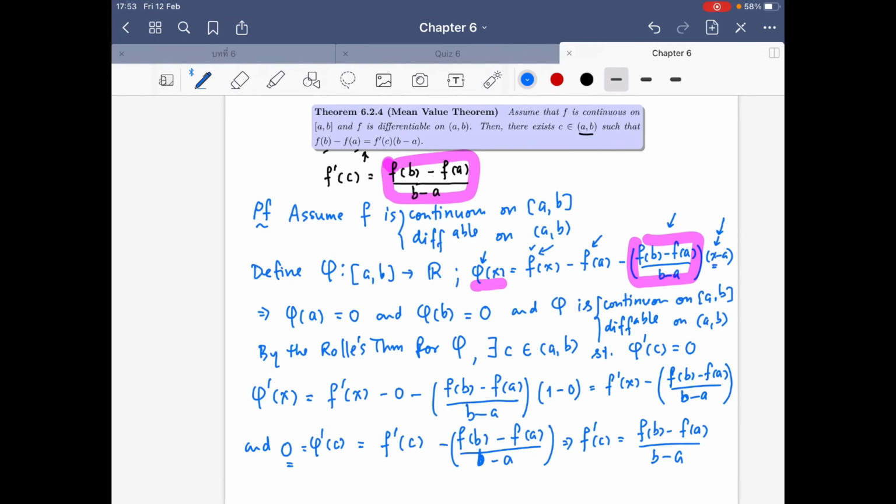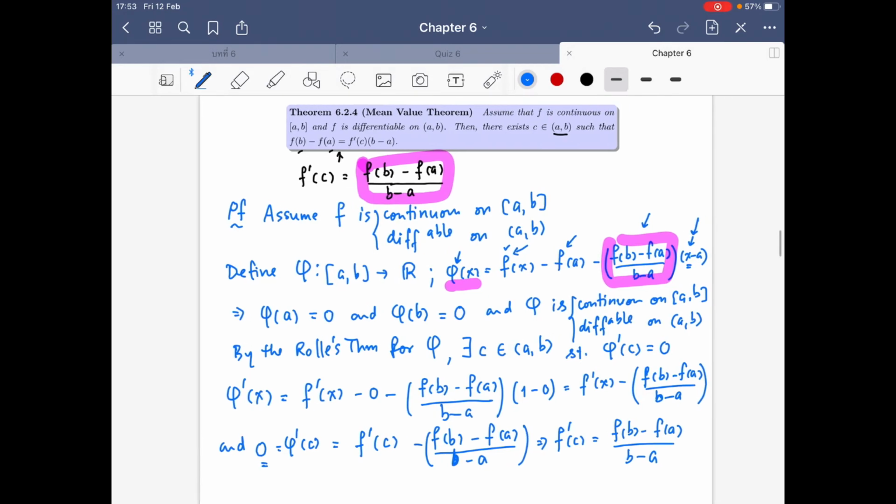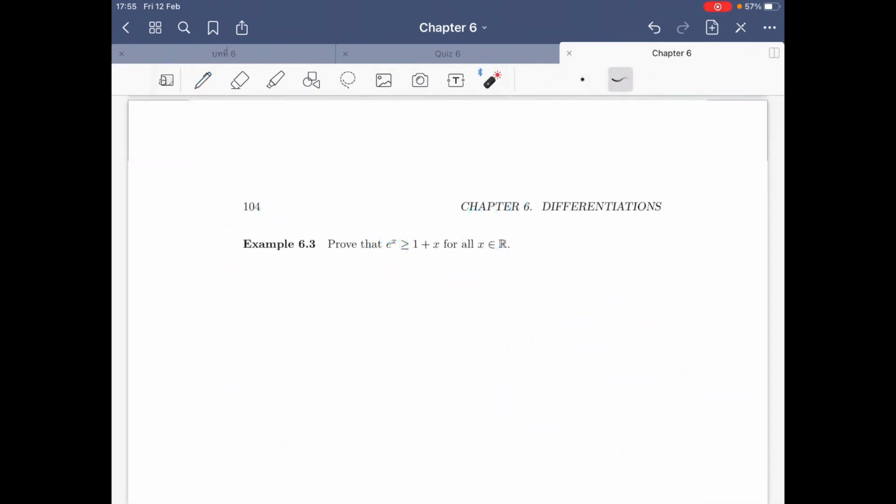So now let's look at some applications of the mean value theorem. The first application is through this example. This example is just simply saying that e to the x, the exponential, is always larger than the polynomial, and this one is a polynomial of degree 1.